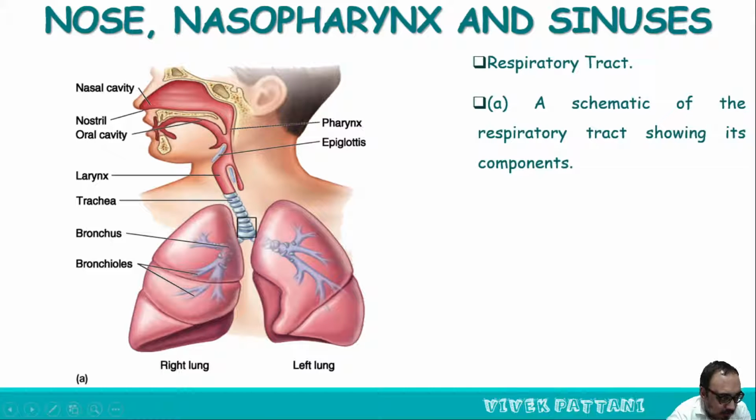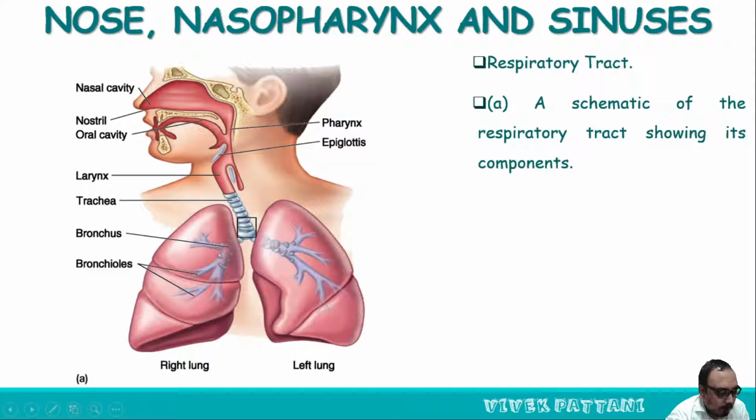The lower respiratory system begins with the epiglottis in the larynx, which you can see in the diagram. The trachea, or the windpipe, is basically a cartilaginous tube extending from the larynx that provides an unobstructed path for air to reach the lungs.